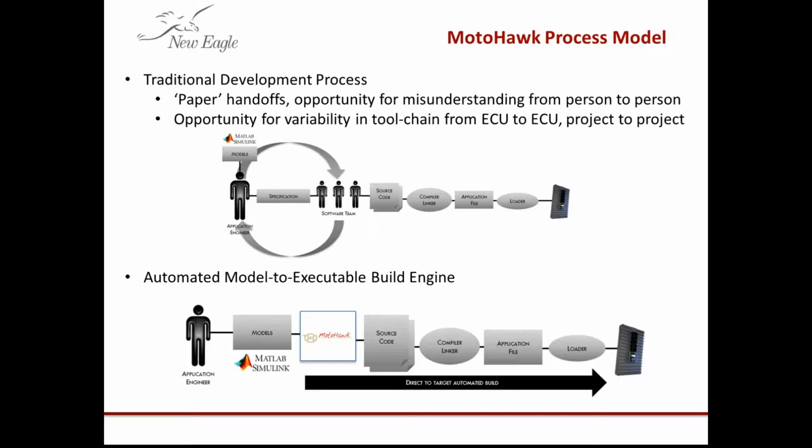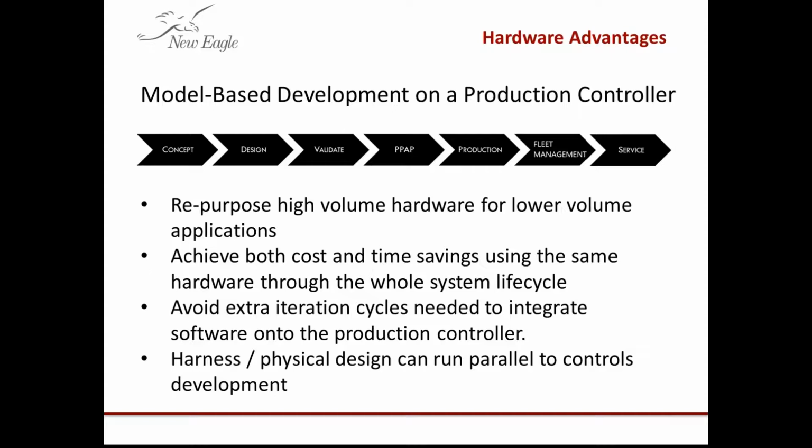This allows you a direct to your target automated build that for the application engineer will speed up cycling and allow, like we were talking about on the last slide, the evolution of the development process to happen more quickly. So that allows you to have prototyping on production hardware, but ModelHawk and model-based development can also be used for production controllers.